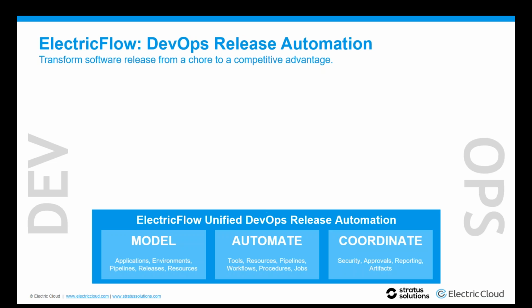The automation, we're the most scalable orchestration and automation solution for DevOps release automation on the planet, allowing people like Qualcomm and Samsung to run millions of jobs without ever having any problems running the things and getting them done, and then coordinating it, making sure that the work is made visible to people, that you're securing the environments, the projects, the binaries, the groups in a very easy enterprise way, plugging right into LDAP, Active Directory, all that sort of thing.